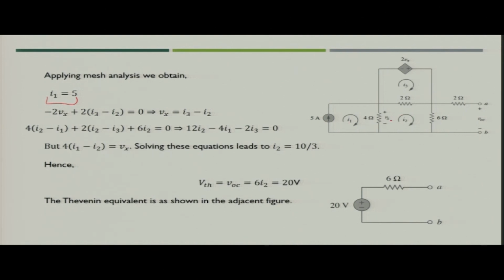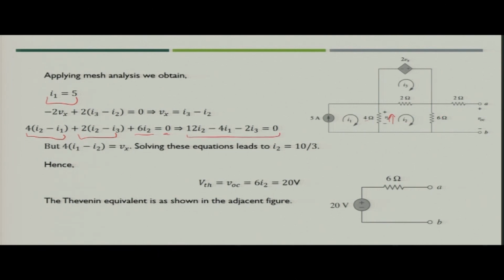For the next mesh, I2 is going in this direction. So you will get 4 times I2 minus I1, plus 2 times I2 minus I3, plus 6 times I2 equal to 0.